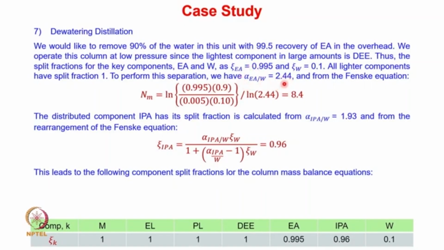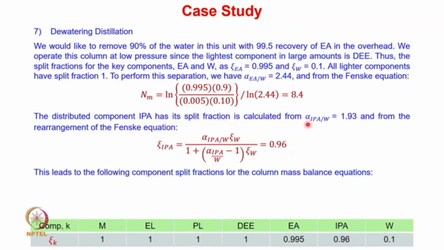Once we have obtained this relative volatility, then we can use the Fenske equation and calculate the number of stages required in the distillation. So that comes out to be 8.4. Once we have obtained the number of stages, we can also calculate the distributed component split fractions, isn't it?